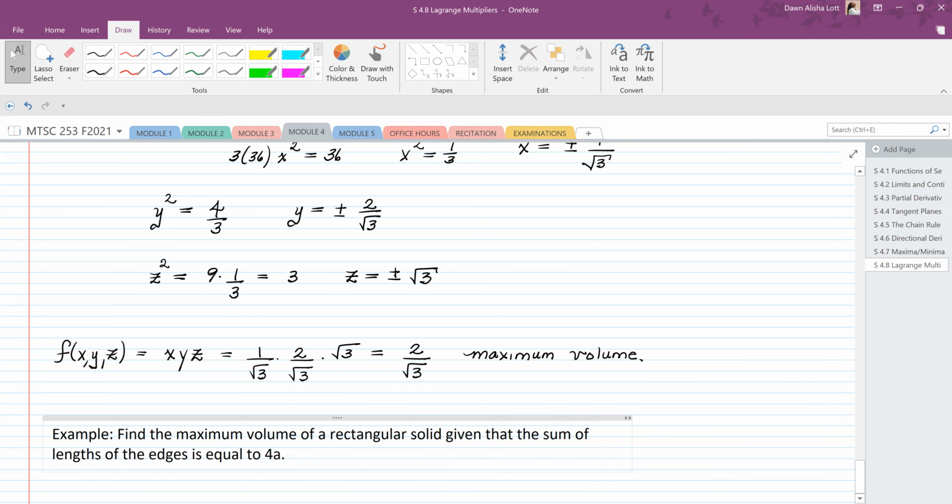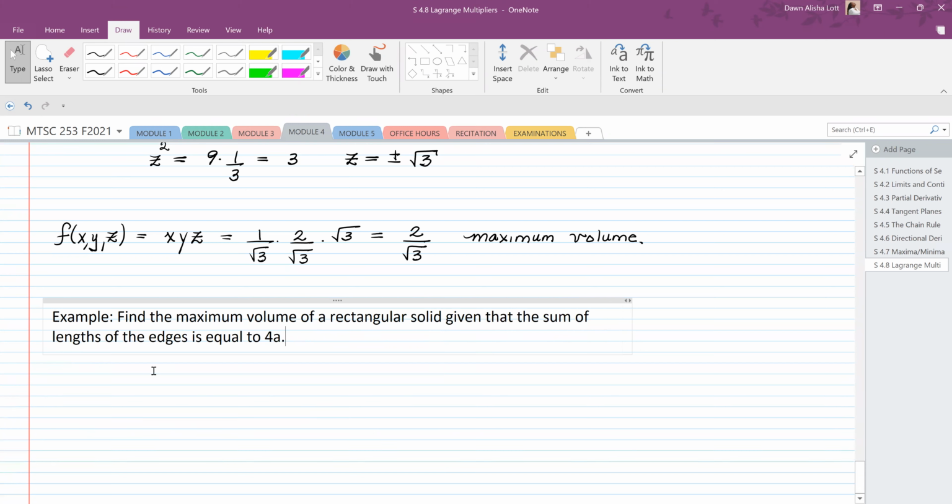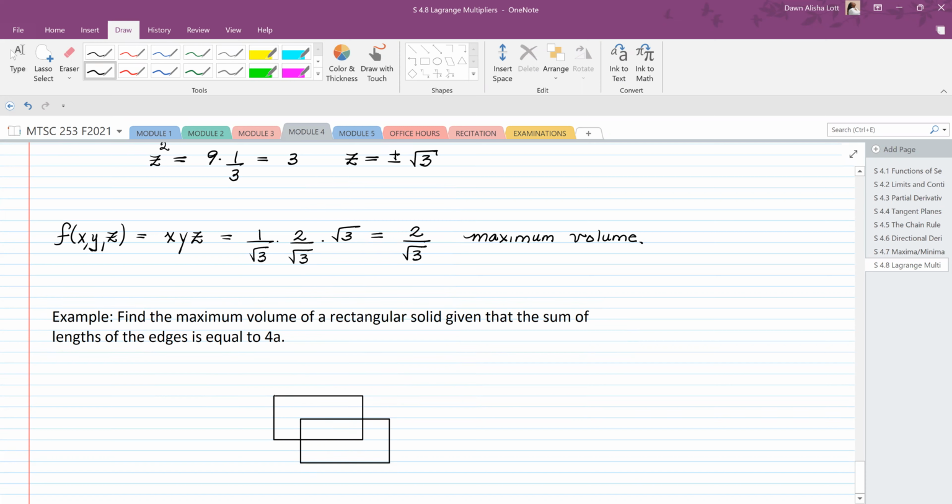Okay, so I have a rectangular solid and I'm trying to maximize the volume. So what function am, so if I drew a rectangular solid, so I'll draw a rectangular solid. Okay, so here's my rectangular solid.